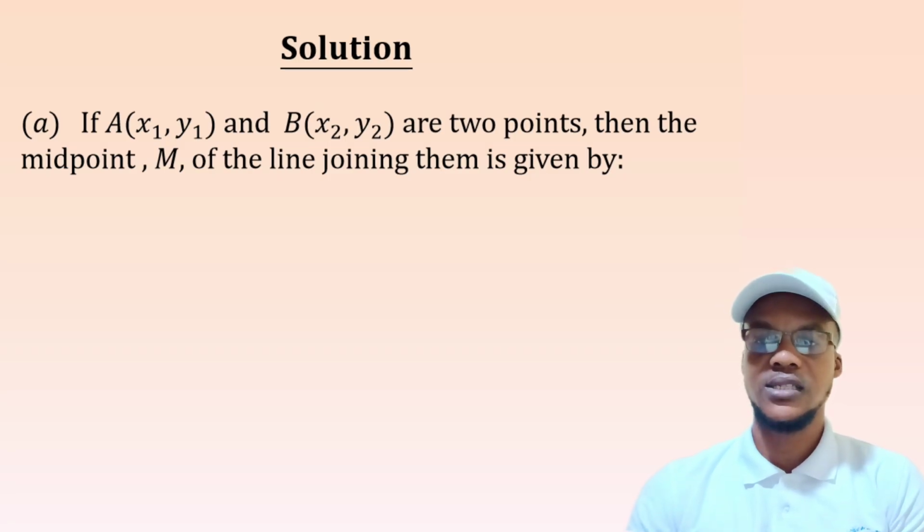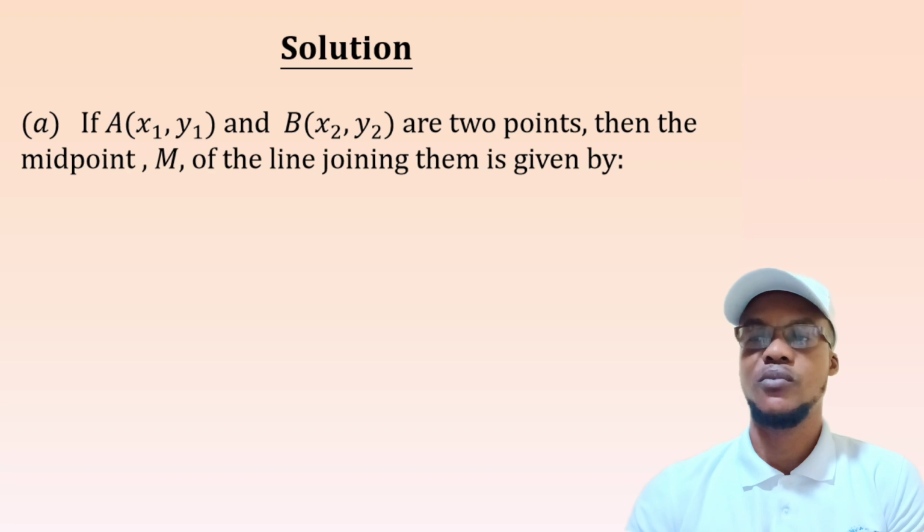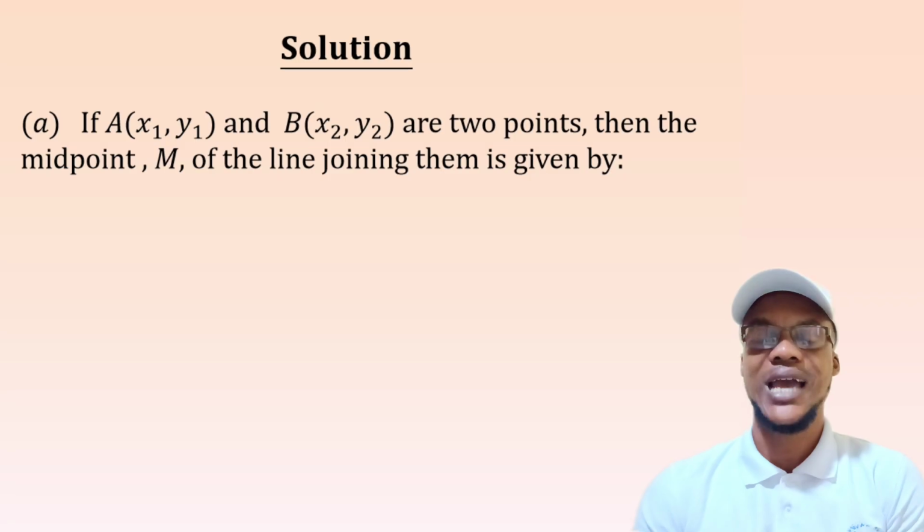When we talk of midpoint, we are talking about the middle value, when you divide the line joining these two points into two equal parts, half of the two points when they are joined together by a line.